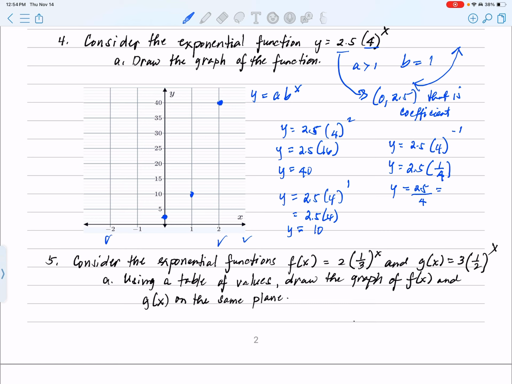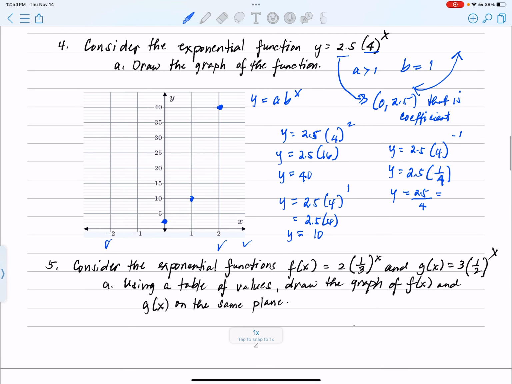How much would that be? I'm using the calculator here for a while. 2.5 divided by 4, I have 0.625, somewhere here when x is negative 1. All right, then I will draw the graph now.